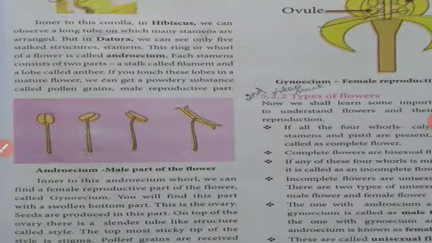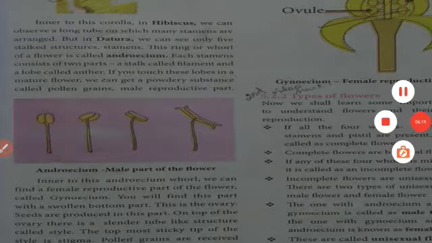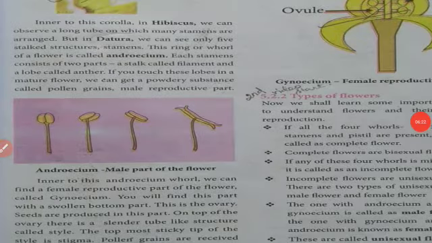Inner to this corolla, in hibiscus, we can observe a long tube on which many stamens are arranged. But in datura, we can see only 5 stalked stamens. This ring or whorl of the flower is called the androecium.